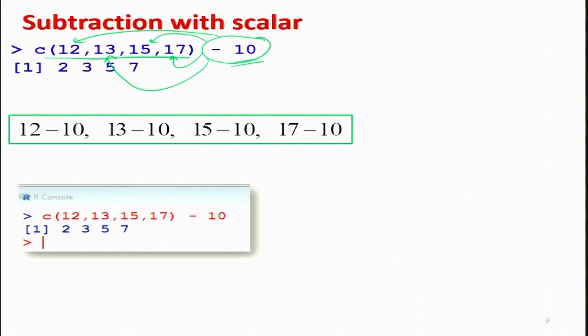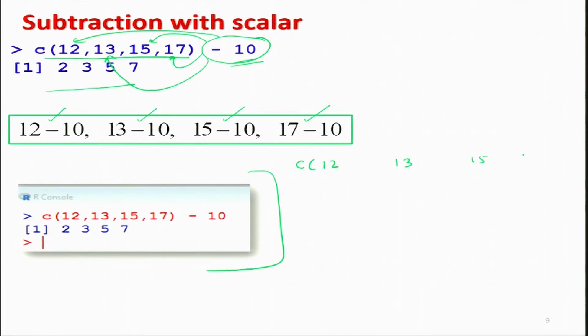So this becomes 12 minus 10, 13 minus 10, 15 minus 10, 17 minus 10, and the answer is 2, 3, 5, 7, right. Once again, you can see 12, 13, 15 and 17, and this minus 10 is jumping inside the data vector and operating on each of the elements.